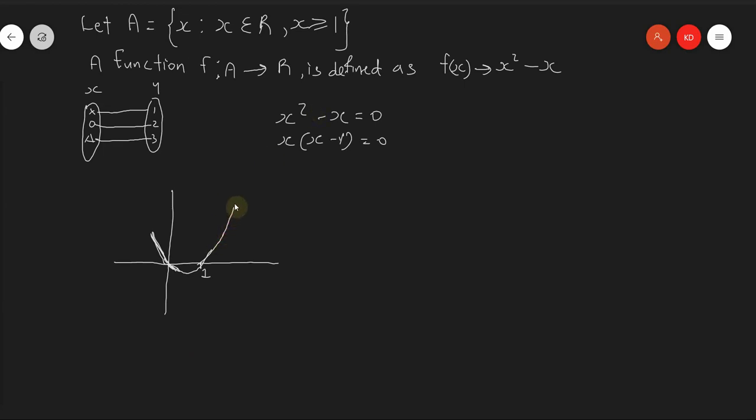As it states here, x is greater than or equal to 1, so we are going to ignore the part of the graph that is to the left of 1 and just focus on the part at 1 and past 1, going to the right side.